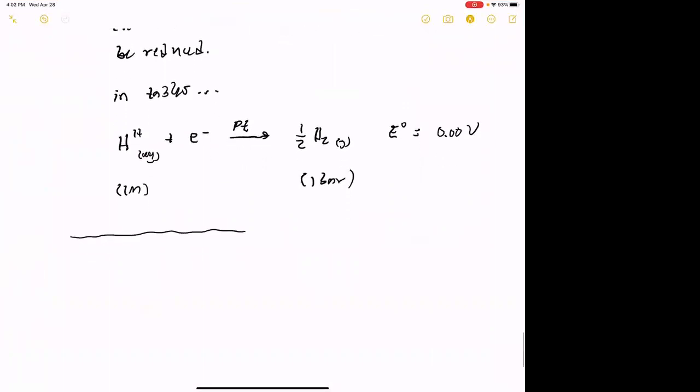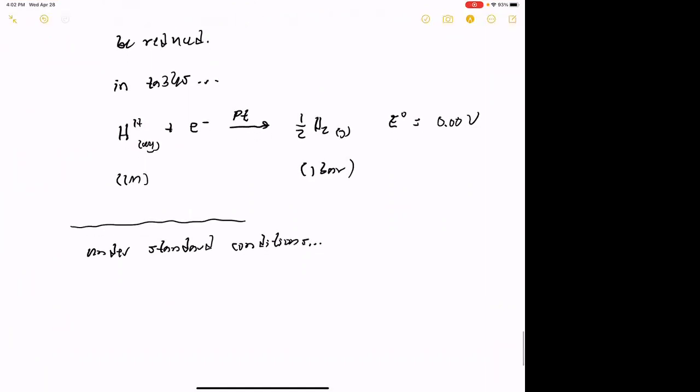And we'll start out just under standard conditions because that's what these things represent. I can calculate an E0 for the cell reaction. Here's how we do it. It's the E0 for the cathode. What happens at the cathode? Oxidation or reduction?